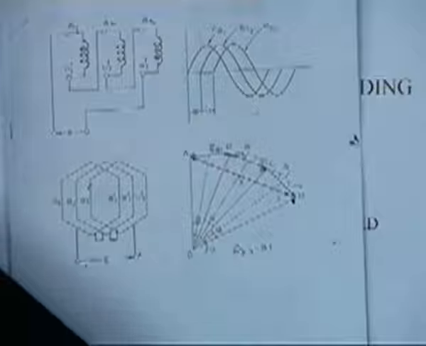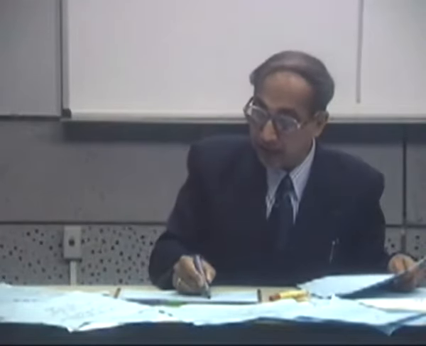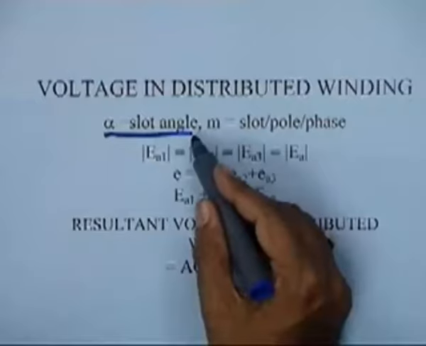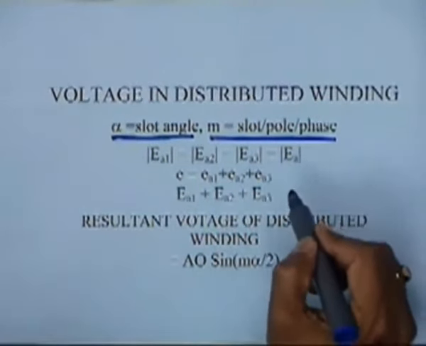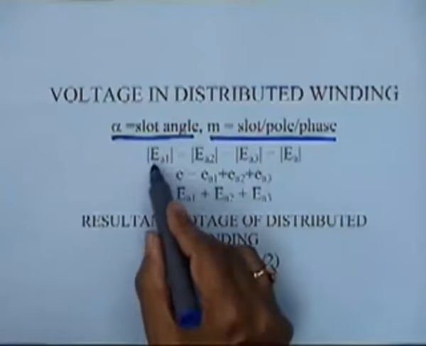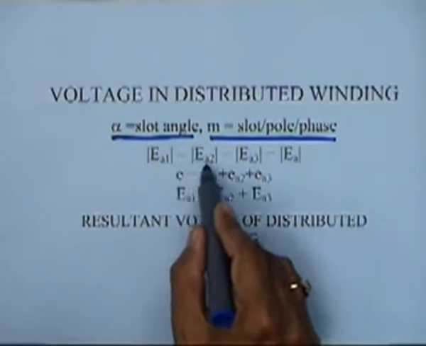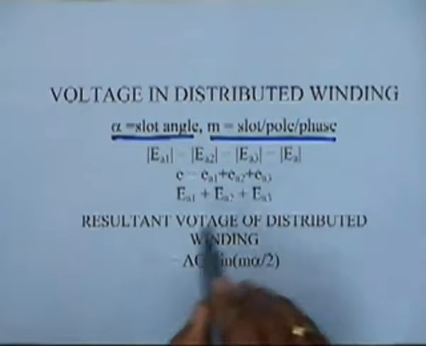So if we generalize by certain definition, we have a term called the slot angle, in electrical degrees, and the slots per pole per phase is m. Now these voltages in each phase, in RMS, are the same in magnitude, EA1 is equal to EA2 is equal to EA3 is equal to EA.